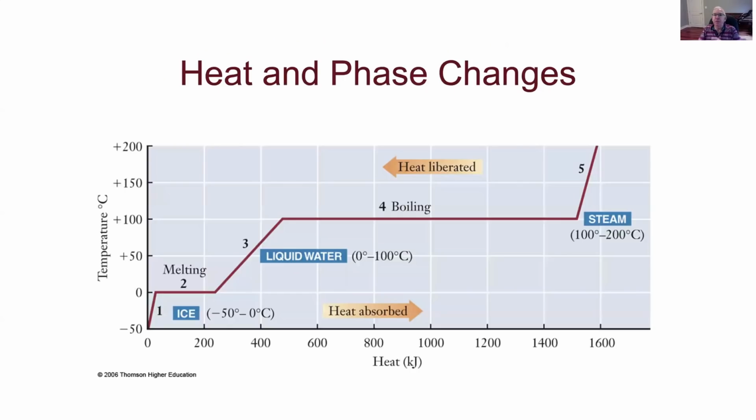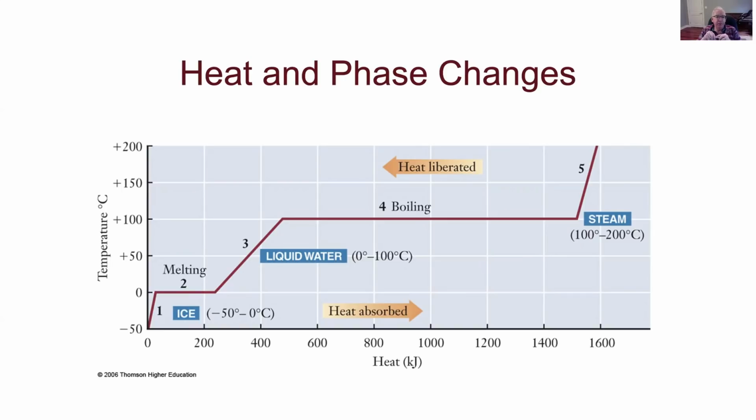If I had a case where I was going to have a phase change, where something was going to freeze or melt or boil or condense or what have you, then I have to be careful how I do that, okay? And this is one that people do sometimes get perplexed by. So this is a figure that's in your textbook. It is basically a heating curve where the x-axis is heat flowing into a mass of H2O.